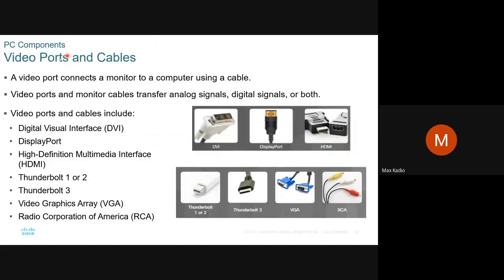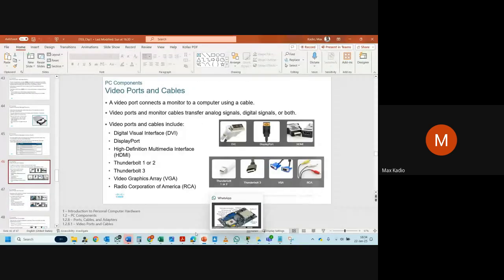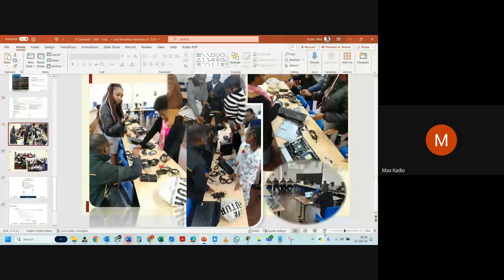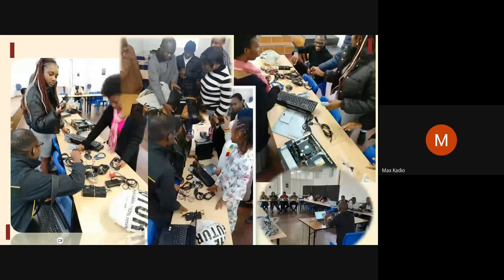Now the ports. If you want to display something on your screen, we have different ports. We can have DVI. We can have DisplayPort. So all this cabling, the day we meet at Scalabrini, I'll bring them. Like here, I'll bring all these cables so that you can touch them, you can see them.